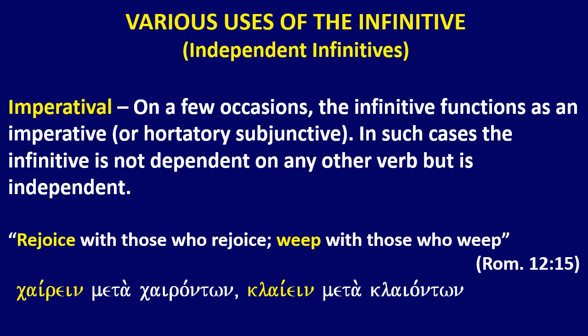It's distinct from that. That's why we're categorizing it as an independent infinitive that is functioning like an imperative mood verb. Nor are the terms chairein and klaiein functioning substantively here. They're truly independent and functioning like verbs.